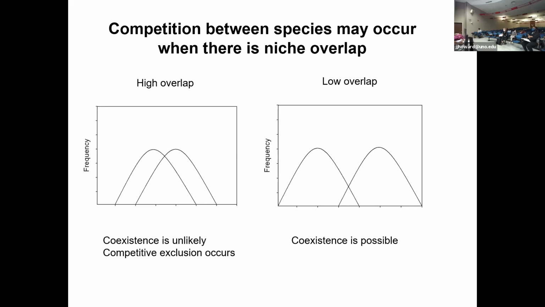So we try to visualize competition in the following way. We consider what degree of niche overlap two species might share in a particular community. If they share most of their niche, then it would be very hard for them to coexist because they're competing for virtually the same things. So here on the left, we have an example of high niche overlap. On the x-axis, we just have a resource axis, any abstract axis.